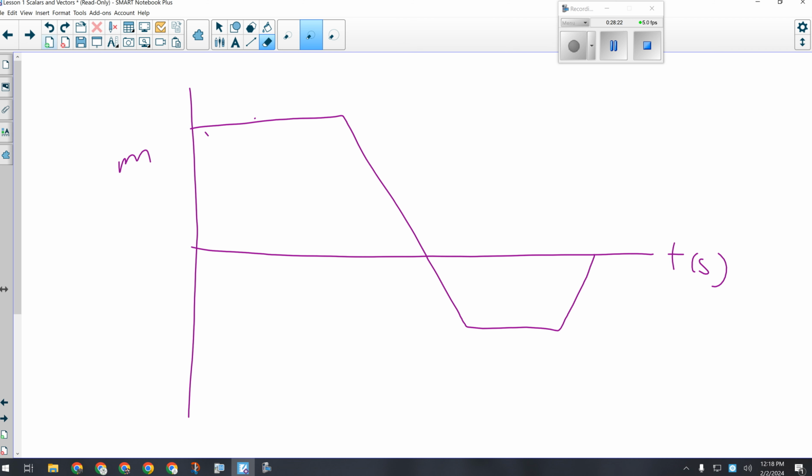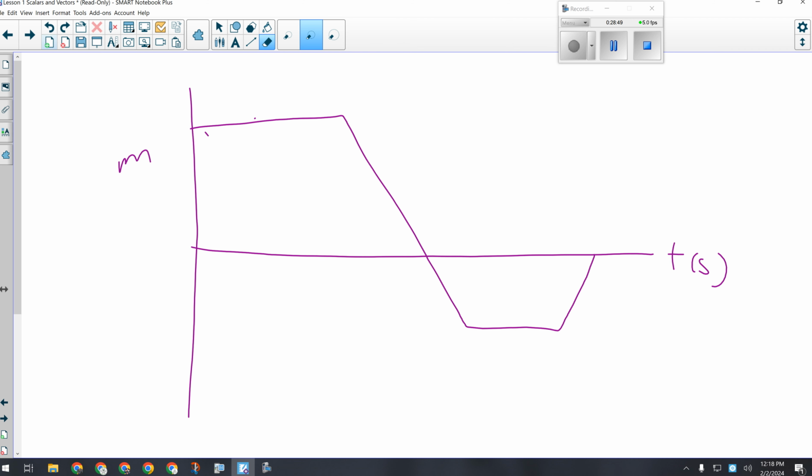Okay, I know that this object is not moving because its position is not changing. It is staying at this same position that entire time. What's the object doing here? Going backwards. Going backwards at a constant velocity as well. Okay, we know that because the line is straight. Okay, the position changes by the same amount every second during that interval.